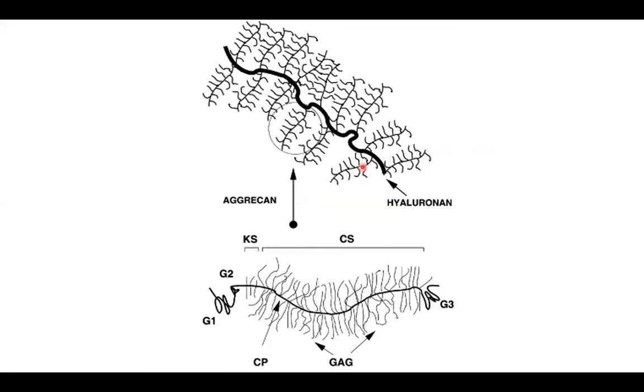So I'm going to say this entire thing one more time. This entire thing is called an aggrecan. In my aggrecan, I have this hyaluronic acid, this bold line down here, and my hyaluronic acid is non-covalently attached to this structure over here, which is called a proteoglycan. And the proteoglycan is made of a protein core, which I can see in the middle, and is also made of saccharide chains sticking out over here like leaves, okay?